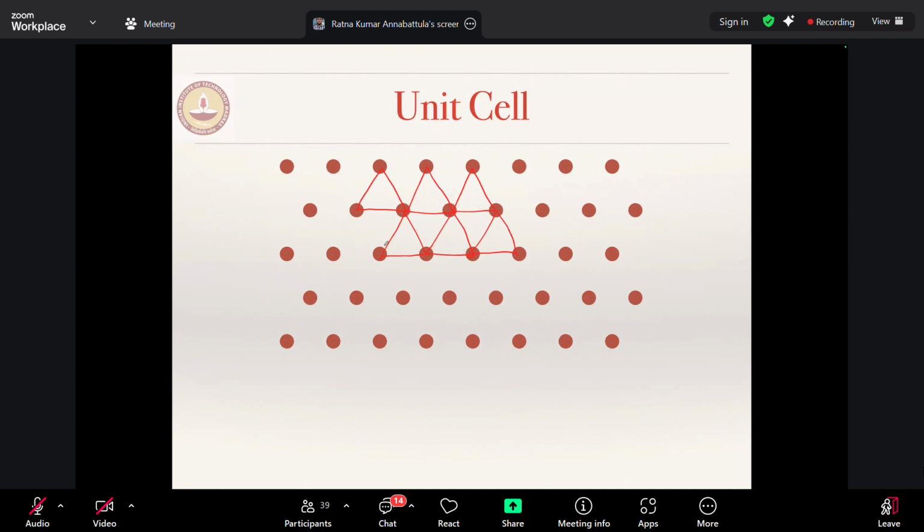Now, if I take this fellow, now you have this space, right? How will I fill this space? If I am only doing the translation of these triangles, is there a way that I can fill this space? Or for that matter, this space. Because I have only created this triangle, next is the triangle, next is the triangle.